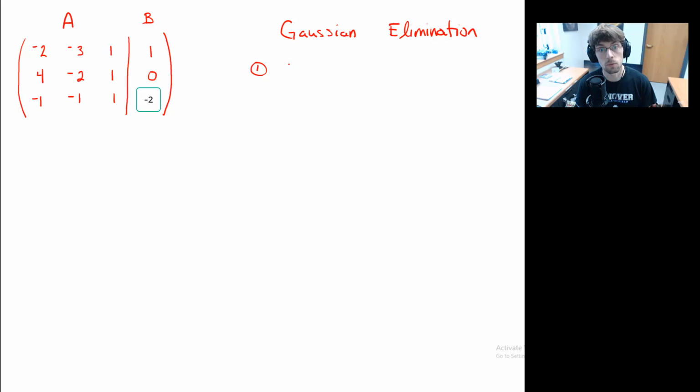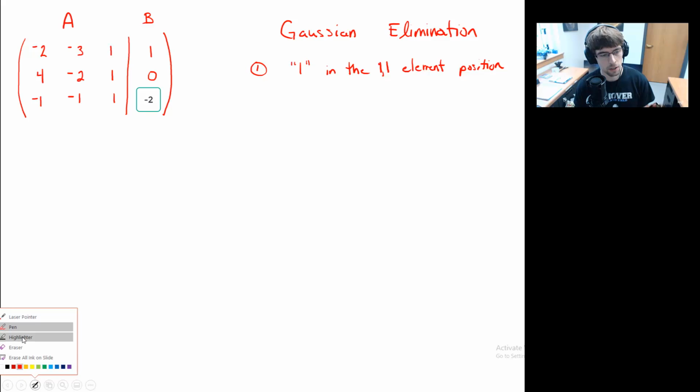Number one is we are going to get a 1 in the 1, 1 element position. In other words, we would like to perform row operations so that whatever number is in the 1, 1 position is a 1. We want to make it a 1.